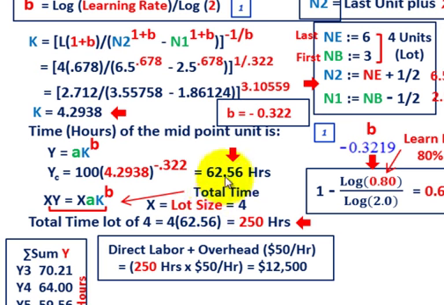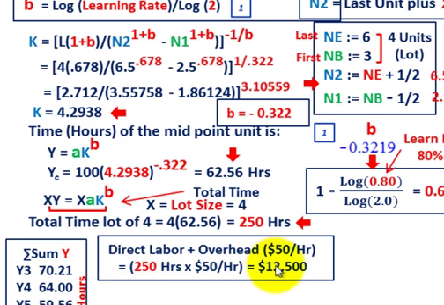Okay, so we worked through our problem here through our equations, solving the arithmetic. And if we're looking at these 250 hours and you want to determine the dollar amount, our direct labor plus our overhead is assigned at $50 per hour. So we have 250 hours of direct labor times $50 per hour.